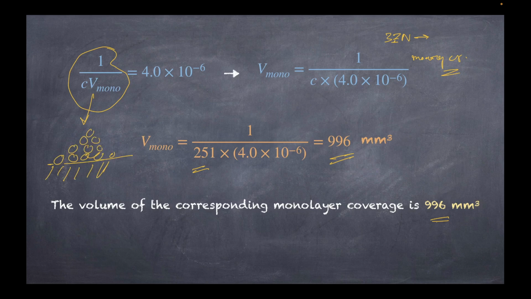The interaction between the first layer and the solid is different compared to the interaction between the second, third, fourth, fifth layers, and so on. For each layer we can use the Langmuir isotherm, since Langmuir is monolayer adsorption.